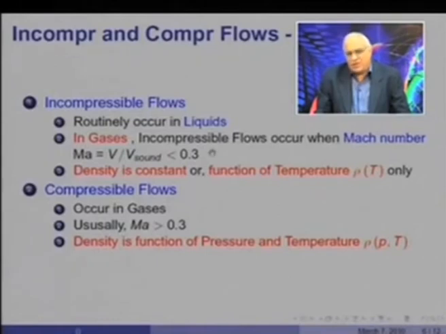There are applications like in gas turbines, combustion chambers and in turbines where Mach number could exceed 0.3, but we are not at the moment concerned with such extreme situations. What is implied in an incompressible flow is that the density is either constant or it is a function only of temperature. If it was a forced convection situation, of course, the density variation with temperature would be very, very small, but if it's a natural convection, then the density variations would be significant.